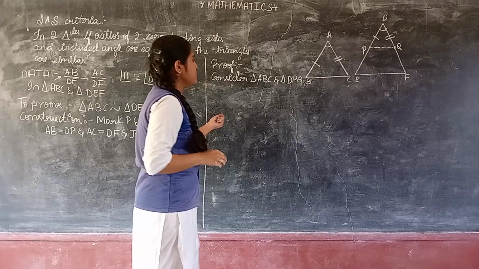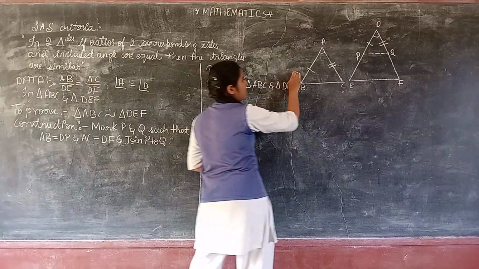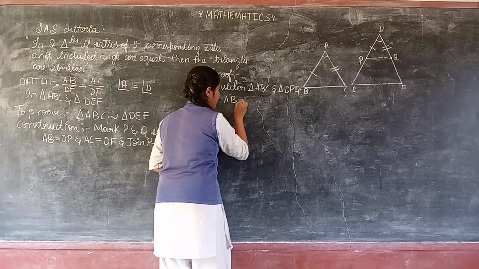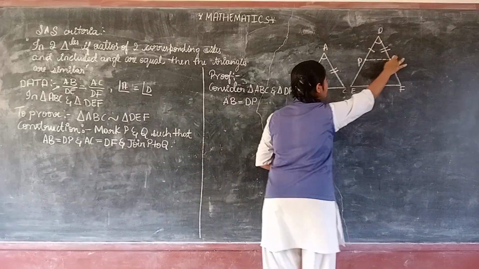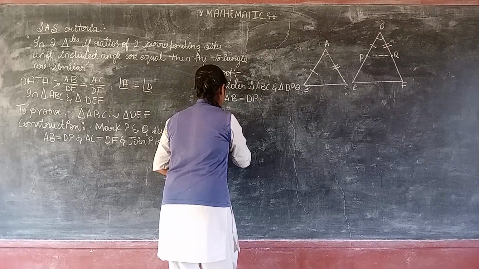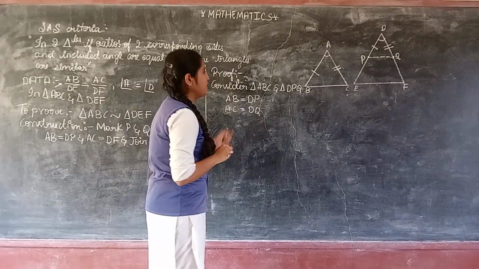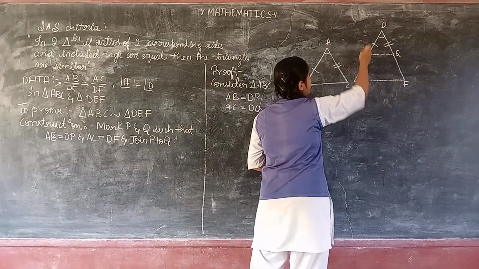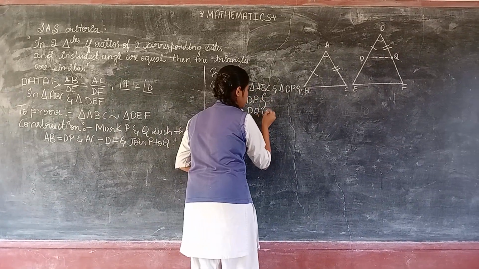In this, what all similar or congruent things we can see, we will write that first. AB is equal to DP, and next AC is equal to DQ. The reason for writing this is that we have constructed in such a way that AB is equal to DP and AC is equal to DQ. The reason will be construction.